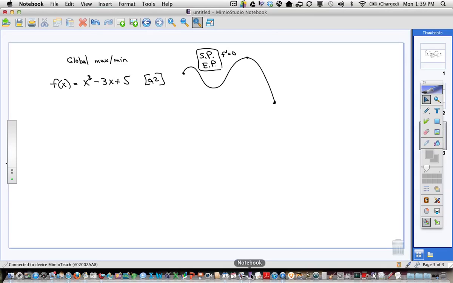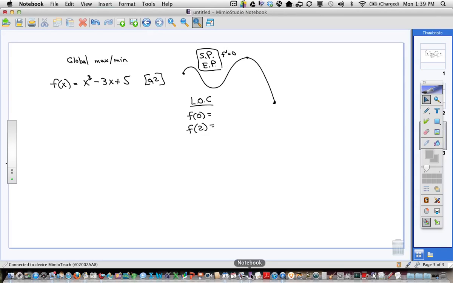I'm going to start a list called LOC, list of candidates. I'm just going to make a list of my possible y values that could be maxes and mins. One could be at my left endpoint, so I'm going to need f of 0. And one could be at the right endpoint, so I'm going to need f of 2. Do you understand why I'm plugging them back into the original?